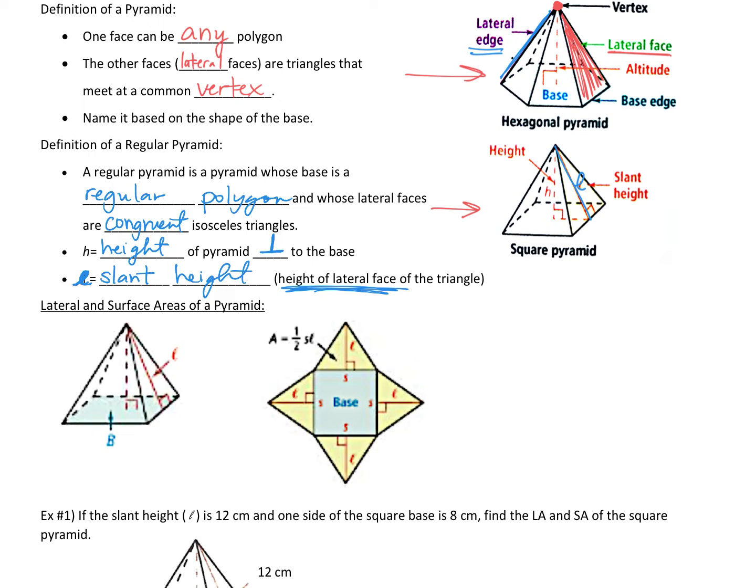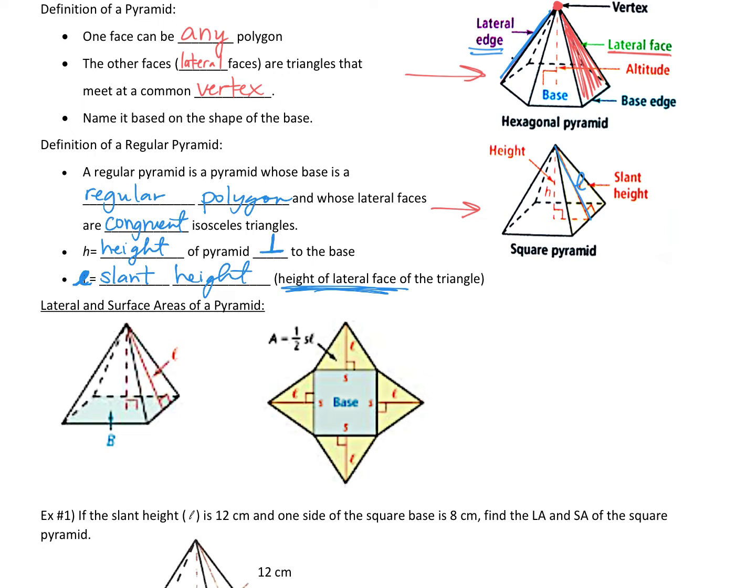It's the height of your triangular face. If you're just looking at the face of one of those triangles, it's the normal height of that triangle, this triangle here, or any of the triangles that wrap around.